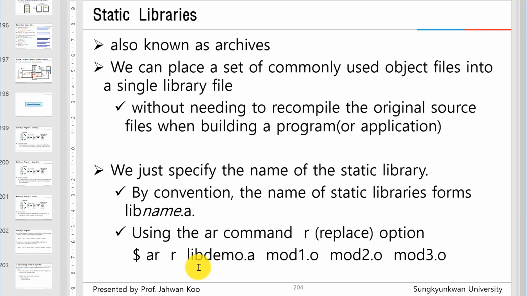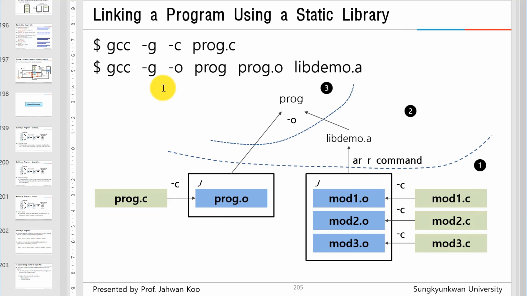And then we link a program using a static library. Let's see the lines. There are 2 lines. The first one is gcc -g -c program.c. That -c option means compiling. The second line is gcc -g -o prog prog.o libdemo.a.